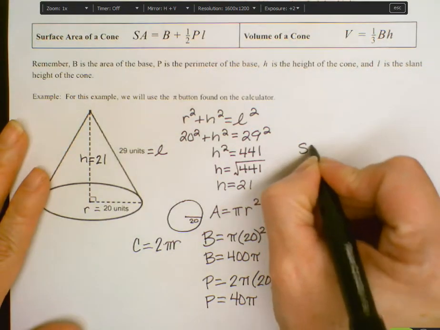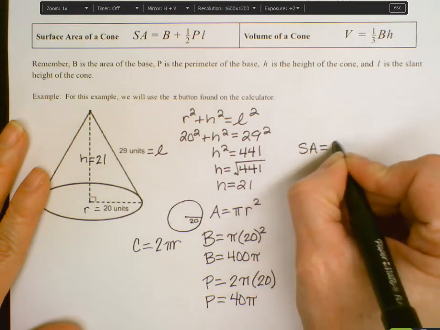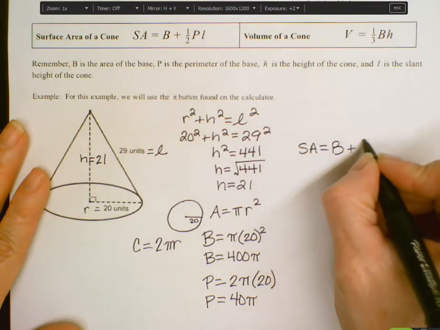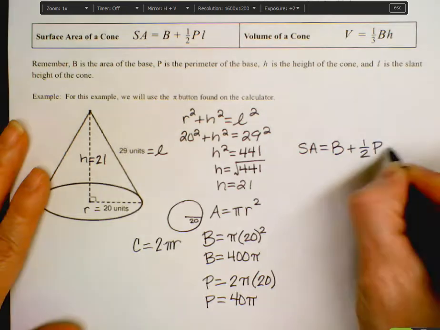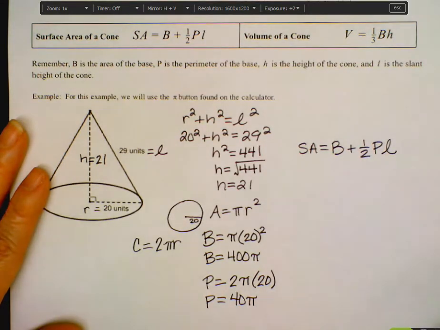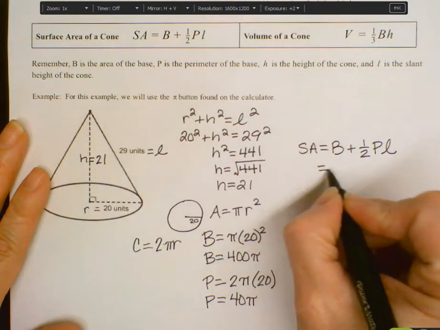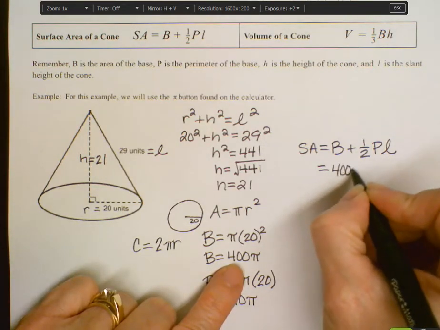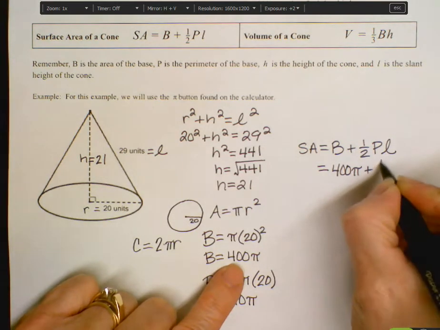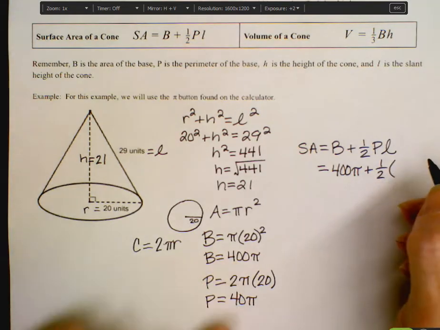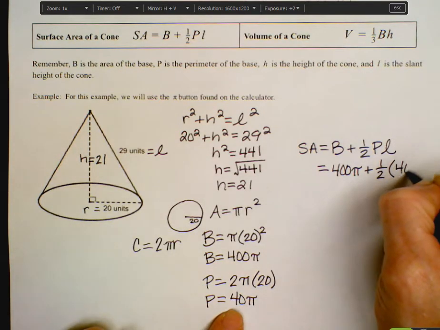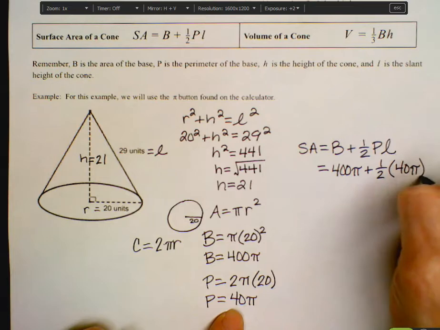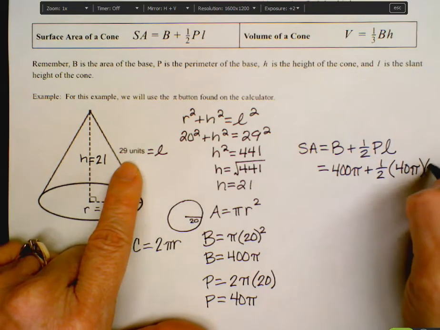All right, on to the surface area. The surface area is equal to the base area plus 1/2 times the perimeter of the base times the slant height L. Substituting our values, B is 400 pi plus 1/2 times P, 40 pi, times L, which is 29.